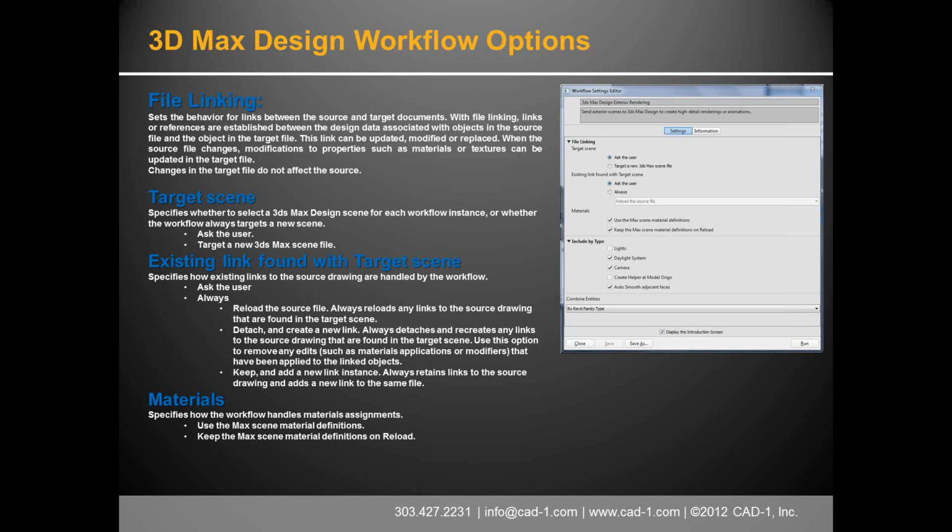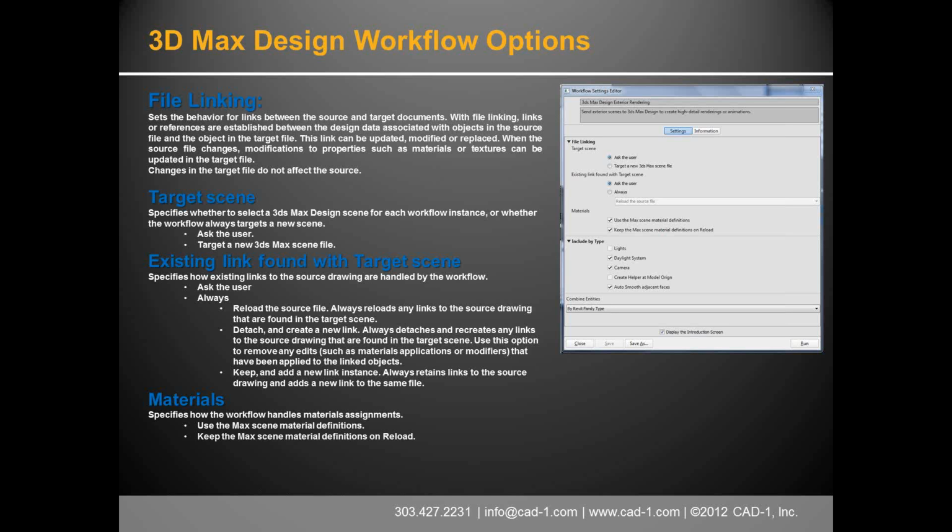And when this is modified, when I push the new Revit model over, what happens to all the changes that I made in 3ds Max? So that's kind of what this first part in here is. So here's the target scene. We can see if we're going to go in there and allow the user to pick every single time what's being done with the model, or create a new 3ds Max scene file for it.